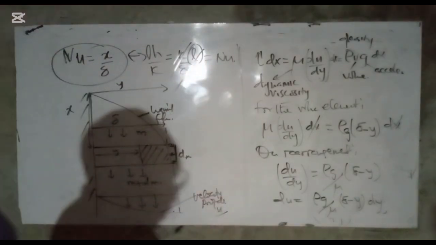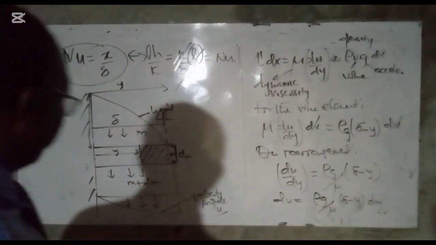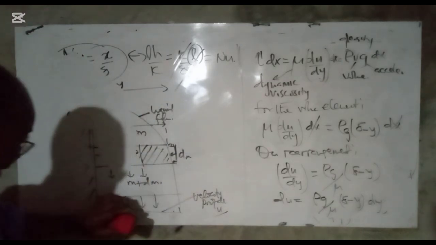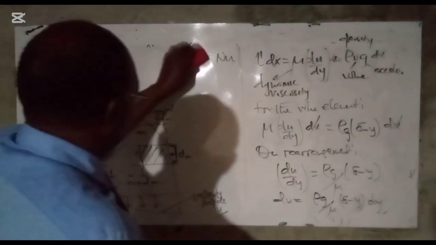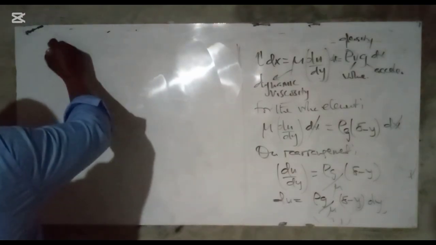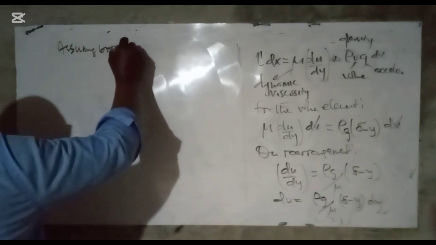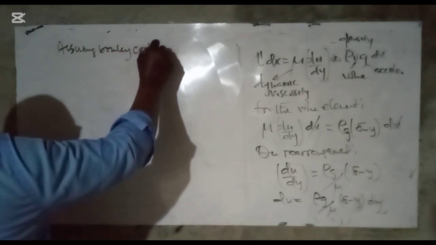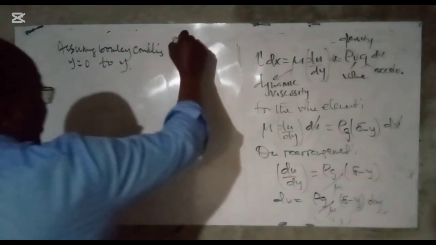So if we integrate this quantity from y equals 0 to y, don't forget our diagram here, always think about it, because as we are talking, we'll be referring to it. Assuming boundary conditions y equals 0 to y. Let me just draw that diagram.